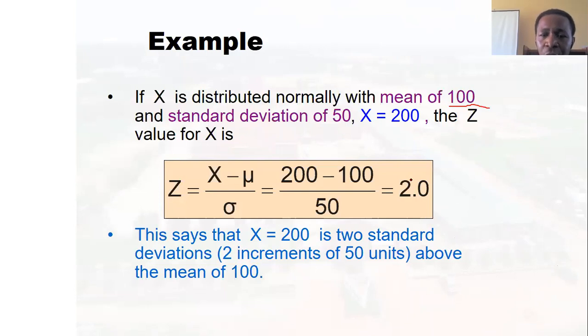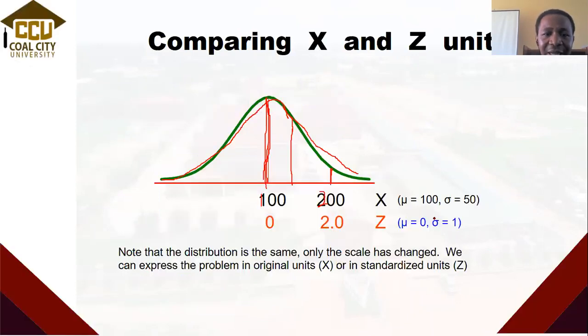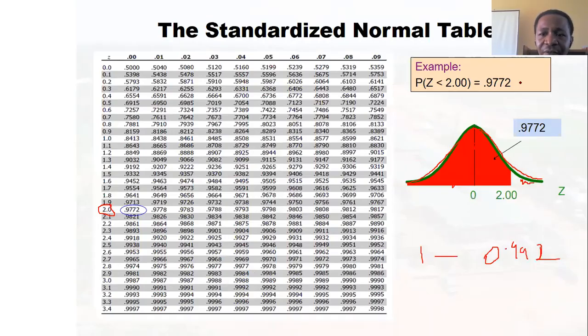You look for 2 under your standard normal table, and it gives you 0.977, which is the total area up to 2.